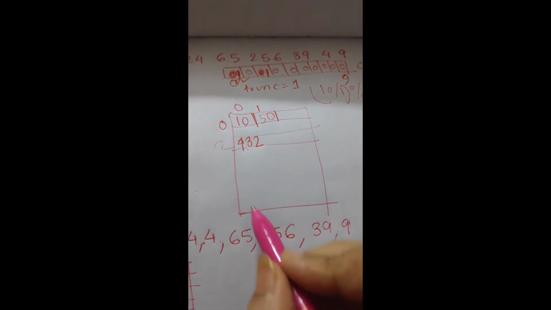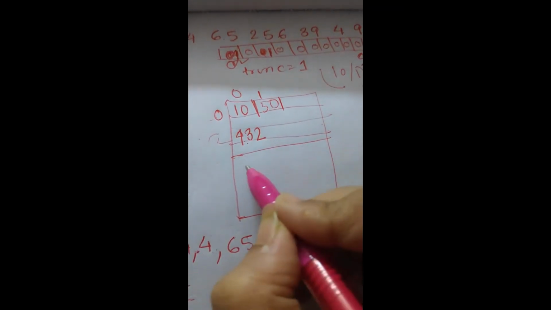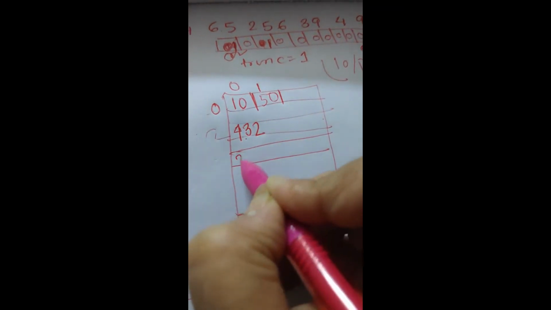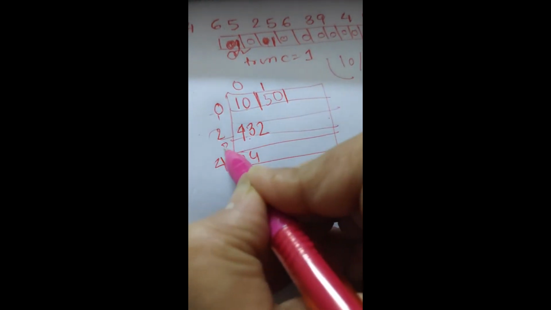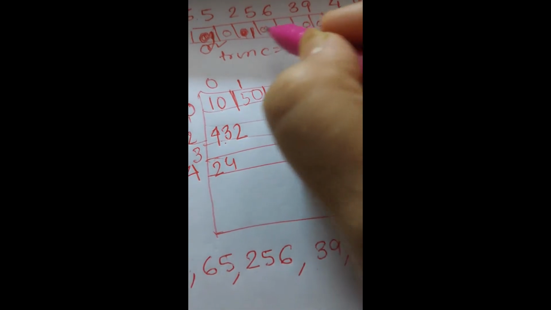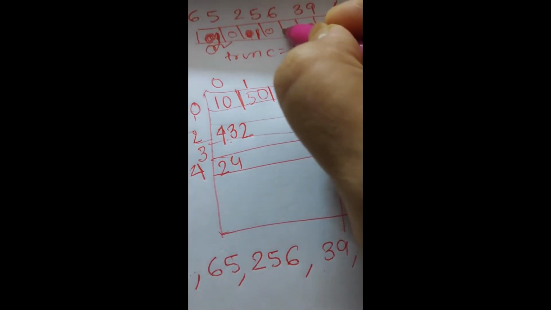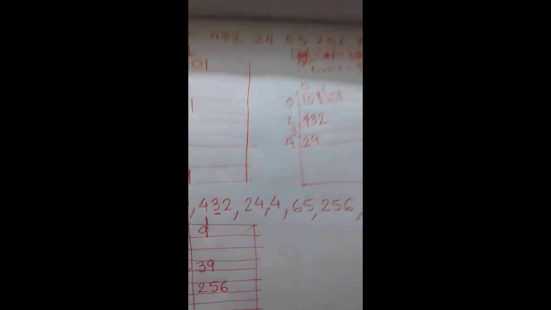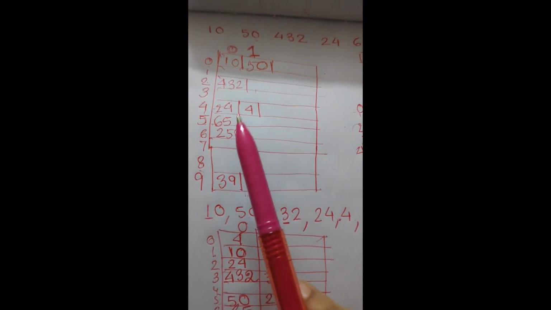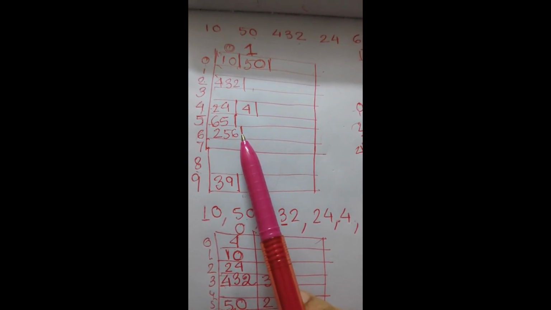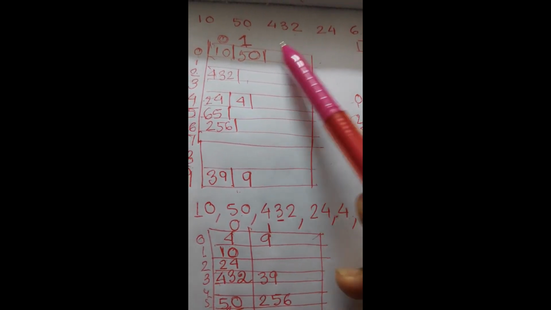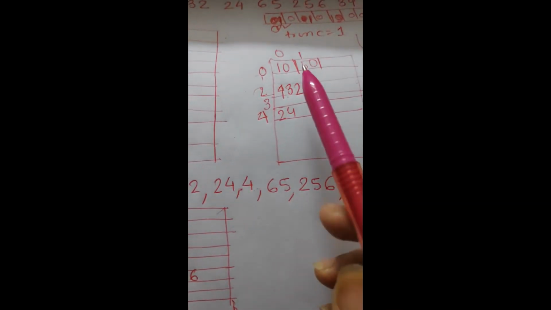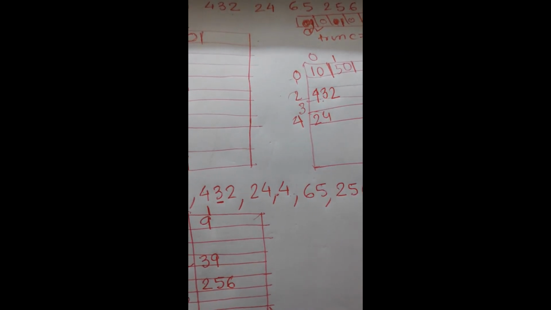So over here in the 4th row and in the 0th column, we store 24 and this value becomes 1. So you see, this is what we had got when we were doing it ourselves mathematically. This is what we got, and this is what we are doing using the algorithm.